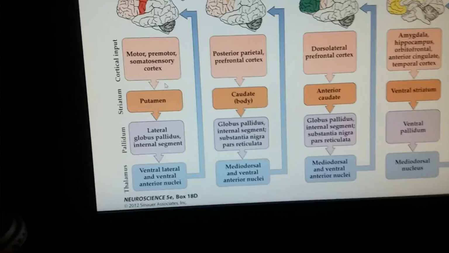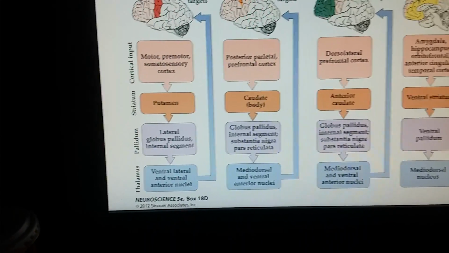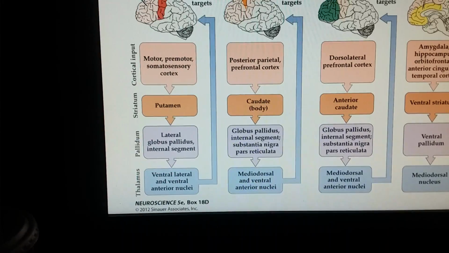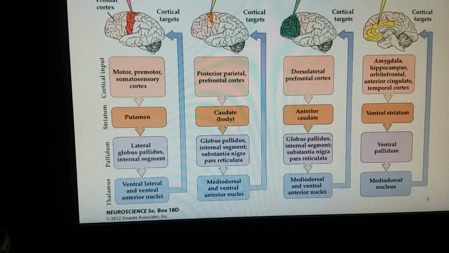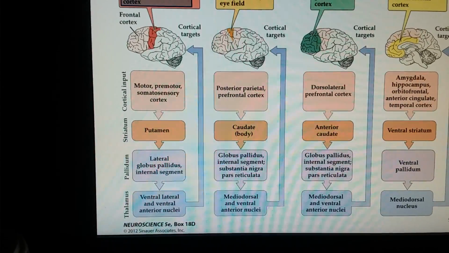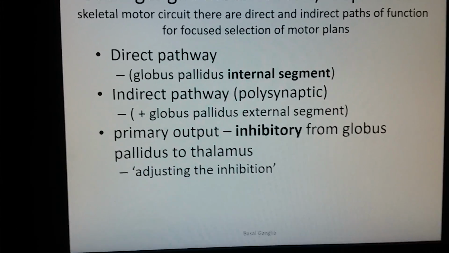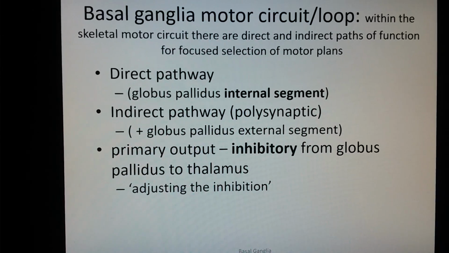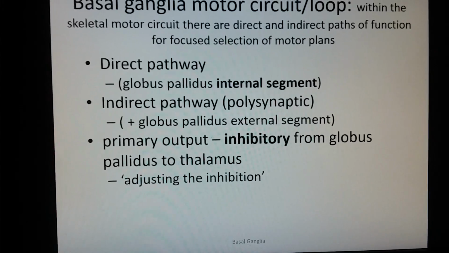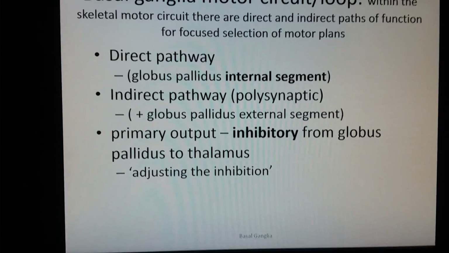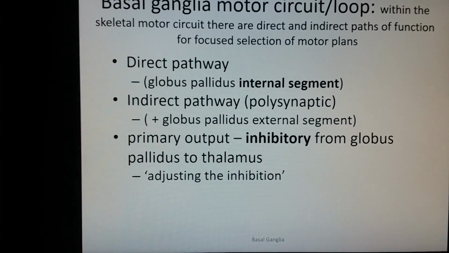So why? Why is it doing that? Why are we having these big loops through the basal ganglia? Something important must be happening here. Well, if we get down a little bit into more depth, we're going to see that it, again, like the cerebellum, to understand it, you have to understand some of the circuitry.